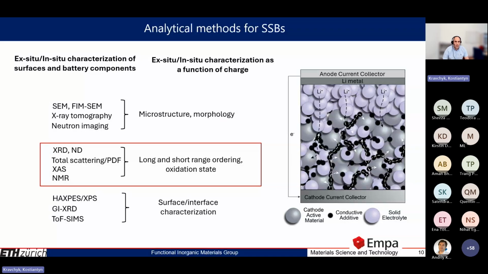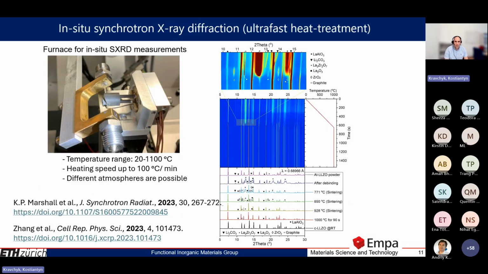And now let's move to the second pillar of methods used in solid-state batteries. Of course, one can use X-ray diffraction, but I wanted to give you one specific example which could be interesting for you today.